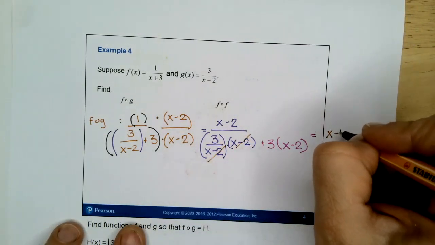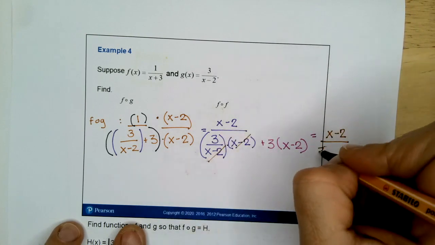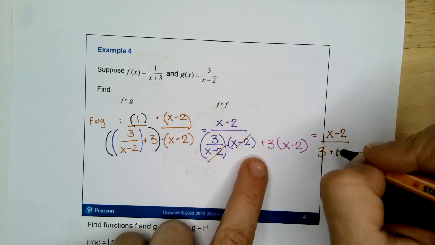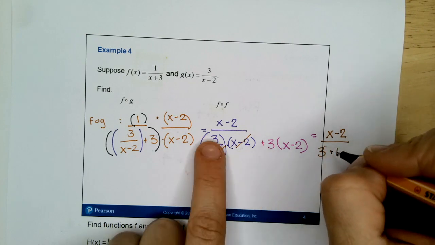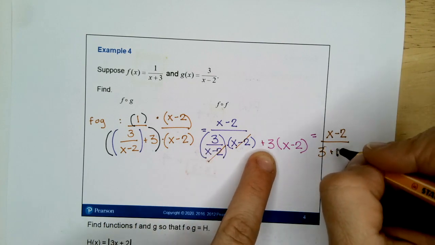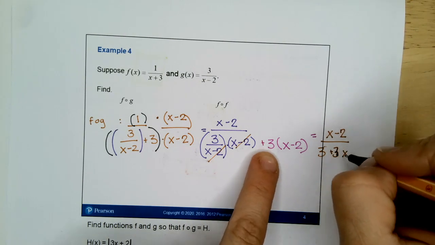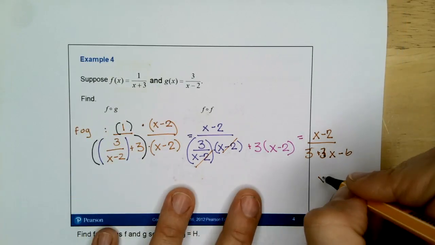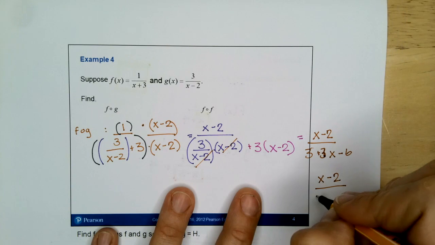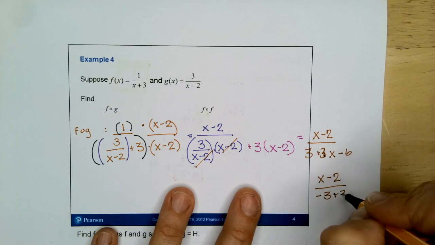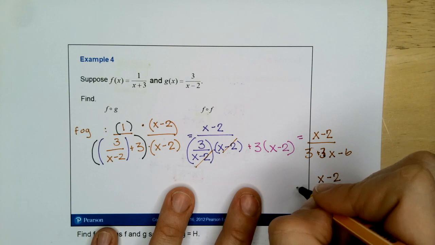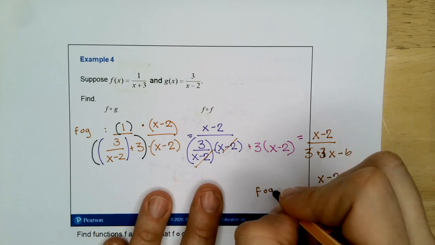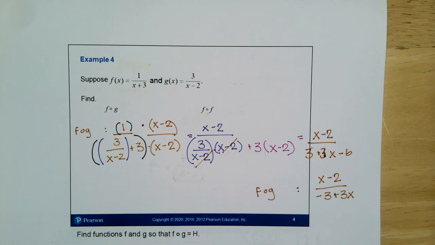We'll have x minus 2 on the top, and on the bottom we'll have 3 plus 3 times x, which is 3x, minus 6. So that'll be x minus 2 over negative 3 plus 3x for f of g. f of g of x is x minus 2 divided by negative 3 plus 3x.